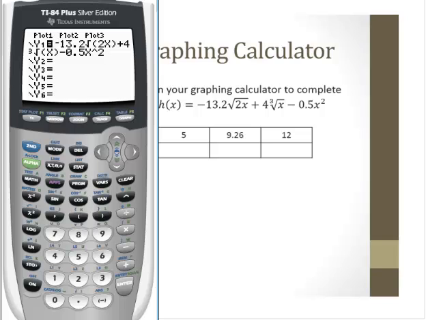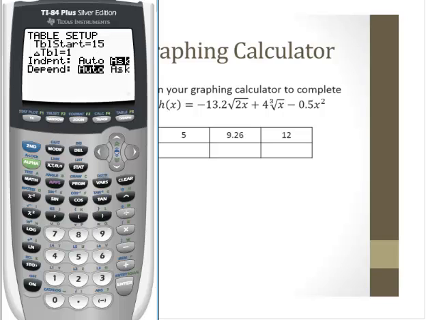All right, now I have a table that has some different y values. So what I'm going to do now is go to my table settings. I'll hit second and the window key to go to my table settings. Most of the time your table settings look like this, especially if you haven't used it before.